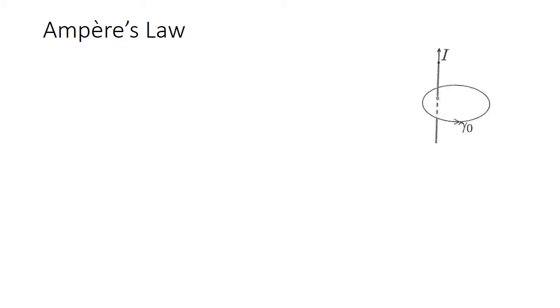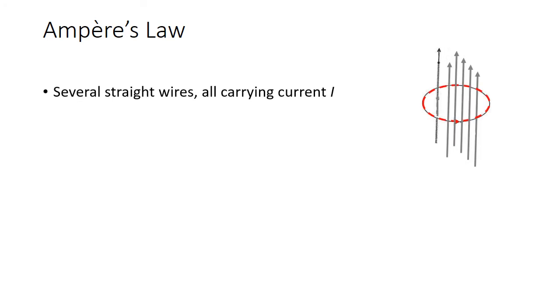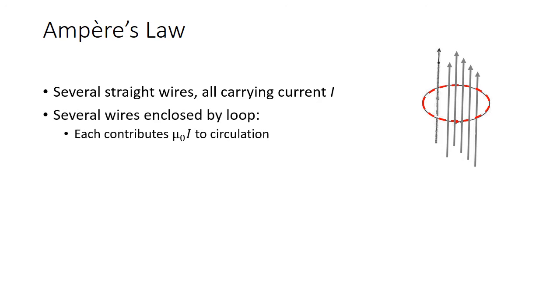If instead of a single wire, let's say we had a bunch of straight wires, each wire carrying the same current I. Each wire that is enclosed by the path of integration contributes mu sub 0 times I to the circulation, while those outside the path contribute nothing, as shown here.